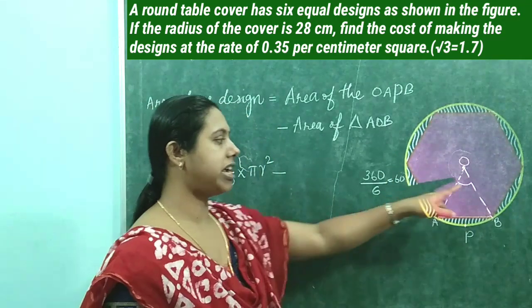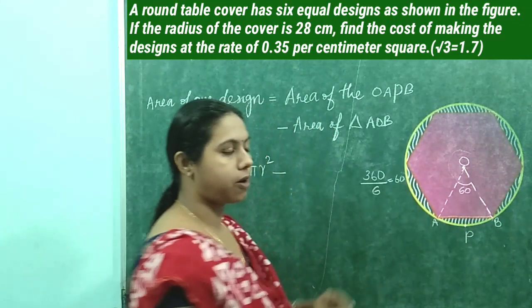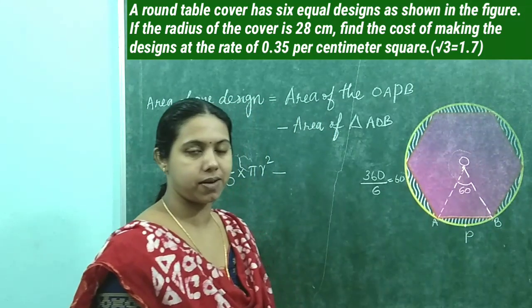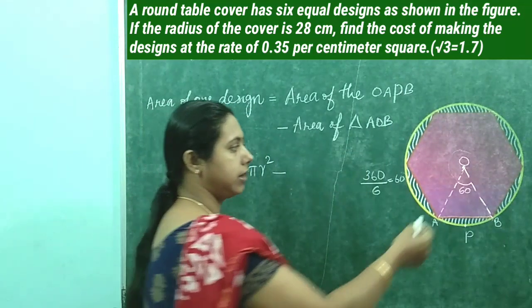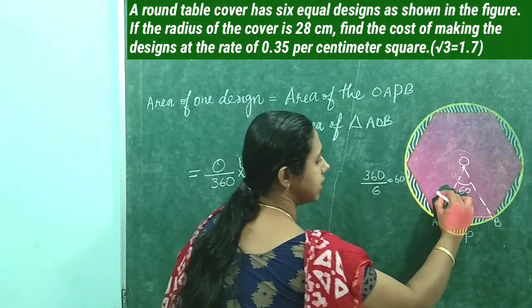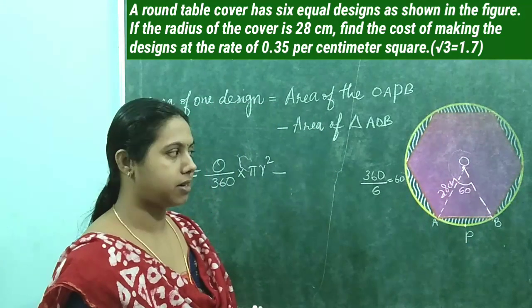So the angle of each sector is 60 degrees. It is also given that the radius of the cover is 28 centimeters.